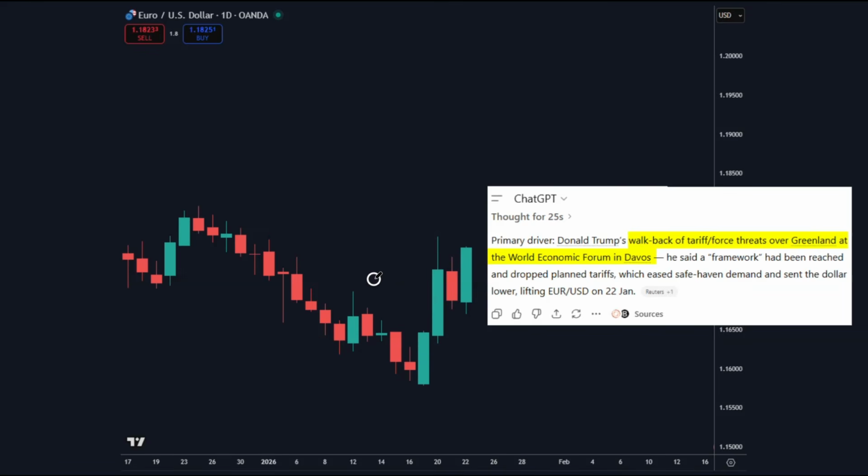So the tariff threat was removed, the euro was relieved, and this bullish engulfing candle on Euro USD suddenly isn't just a simple candle. It gets a whole different meaning. It's not just a random price formed out of nowhere for no reason. It's the collective sentiment that got shaped during and after an important market development.